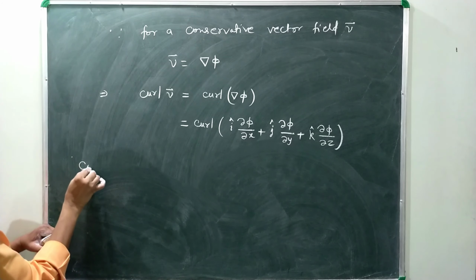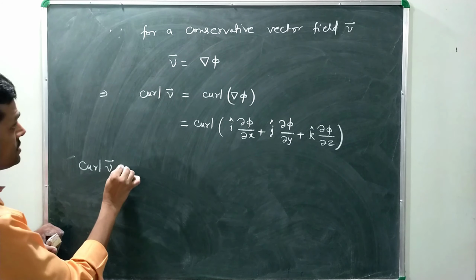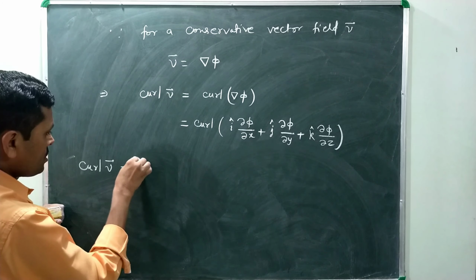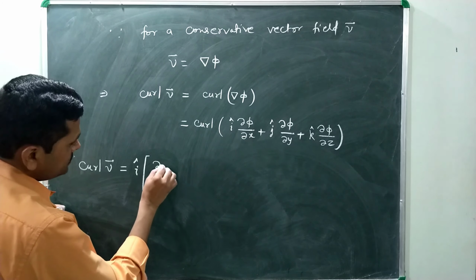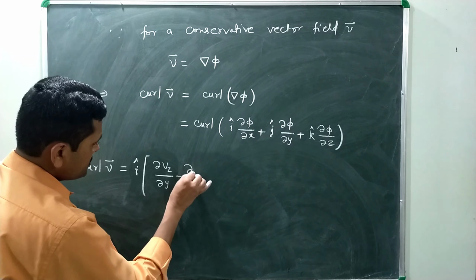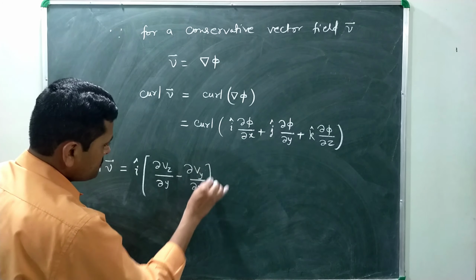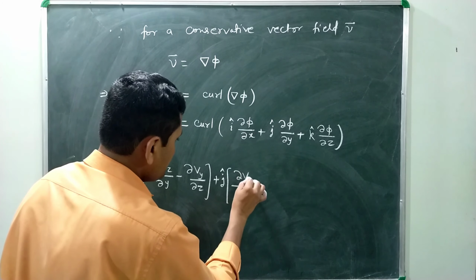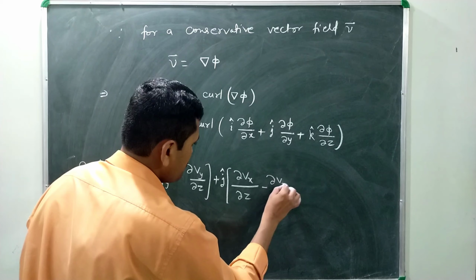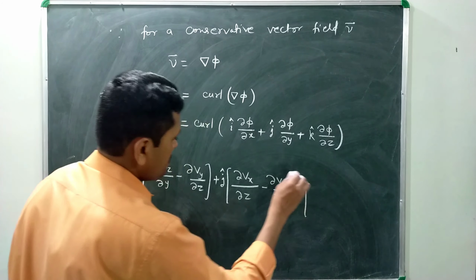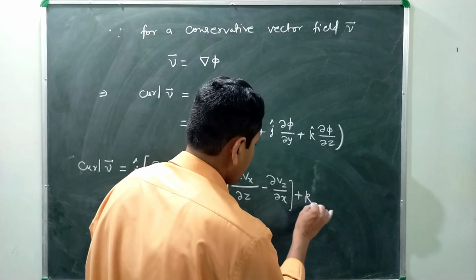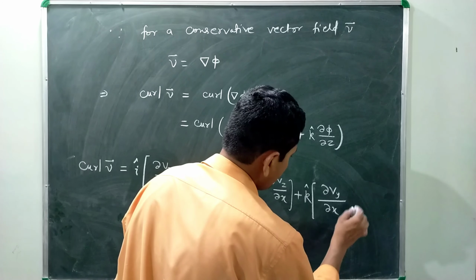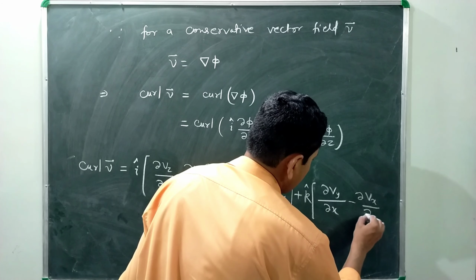But we know that curl of vector V is equal to i cap (dou Vz by dou y minus dou Vy by dou z) plus j cap (dou Vx by dou z minus dou Vz by dou x) plus k cap (dou Vy by dou x minus dou Vx by dou y).